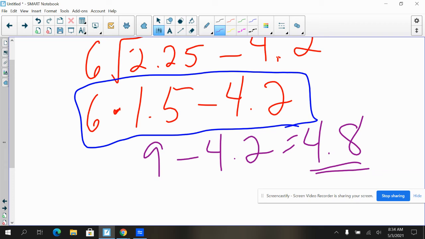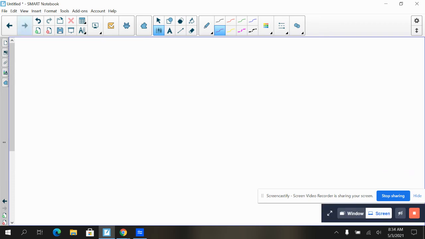You can, right, but not everybody understands it that way. So you could use the square root button to help you. Right, and we don't want to start using those numbers. All right, here we go. How about this?